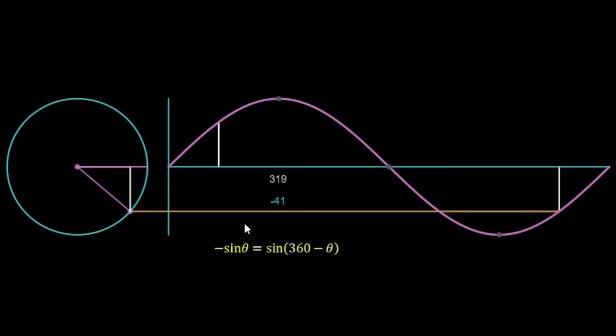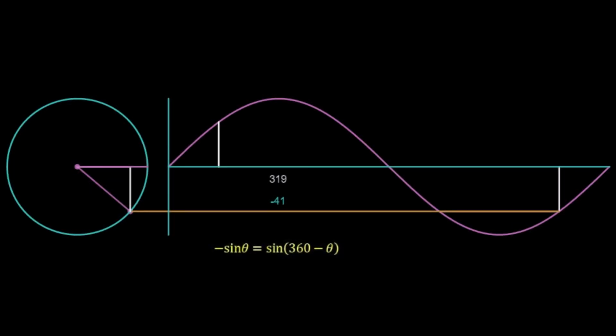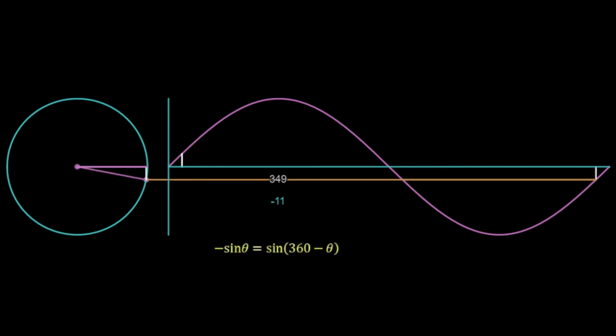But all this is telling us geometrically is that this height here is going to be the negative of this height here. And this height occurs at the angle theta, and this height here occurs at the angle of 360 minus theta. And you can see this as we move the angles.